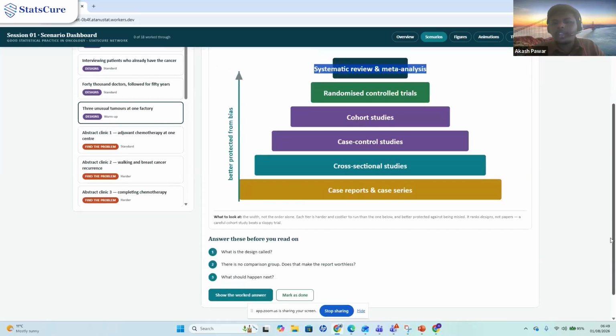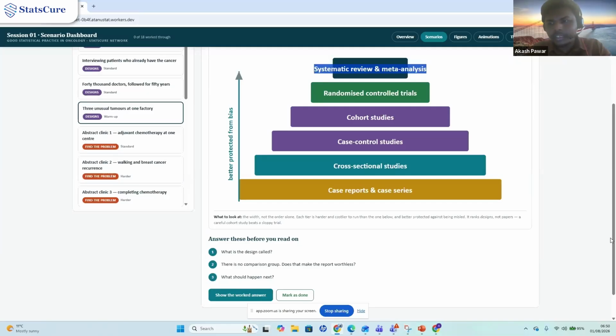So a case report or case series, cross-sectional studies, case control studies, cohort studies, randomized trial, and systematic review and meta-analysis. Ideally, as we laid down all the designs in our examples, this is the hierarchy of evidence which is treated in real life when you do trials. Case reports and case series are considered of least importance, then cross-sectional, then case control studies, cohort studies, randomized control trials.